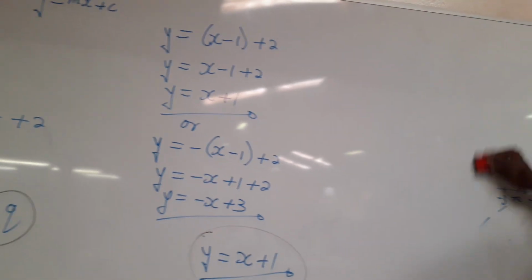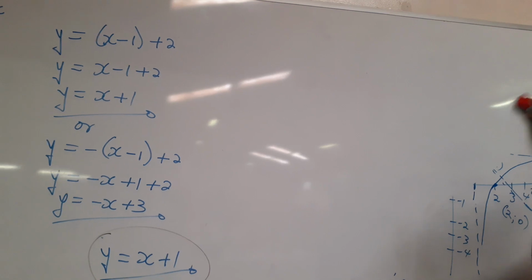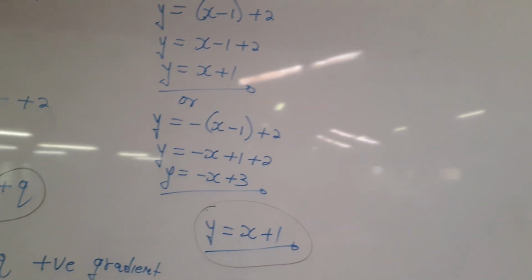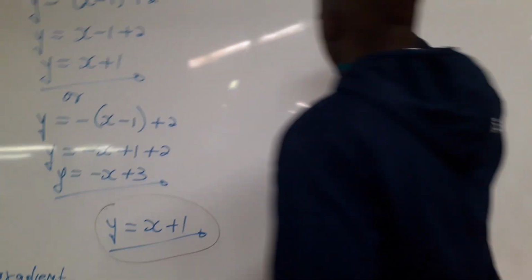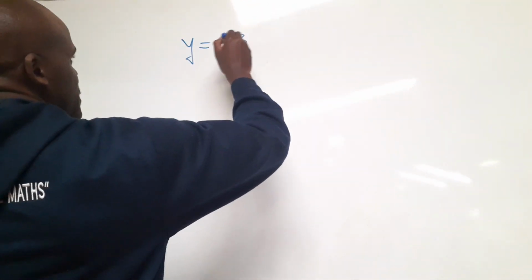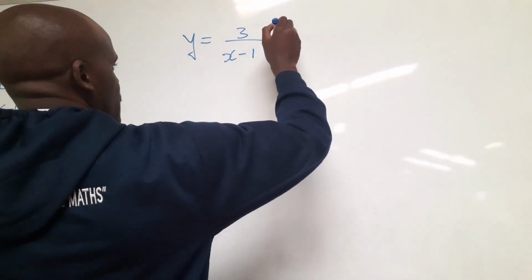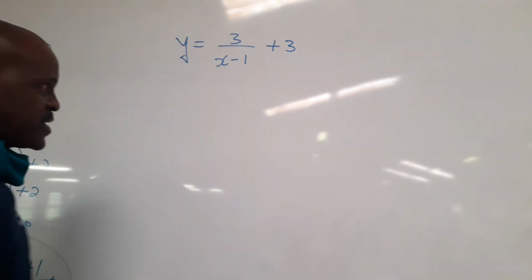Right, another thing. If you are to shift the graph, for instance, you have y equals 3 over x minus 1 plus 3, like that.